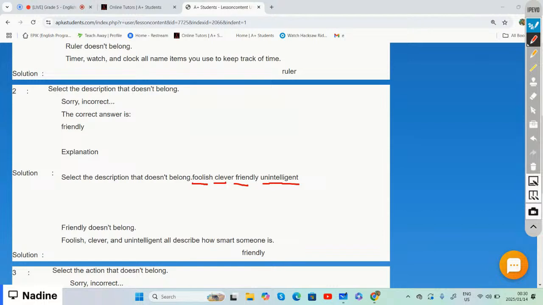So the word that does not belong. We have foolish, we have clever, we have friendly, we have unintelligent, meaning that you are not so clever.